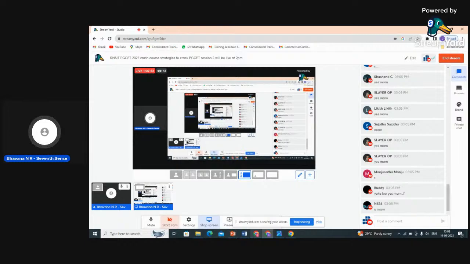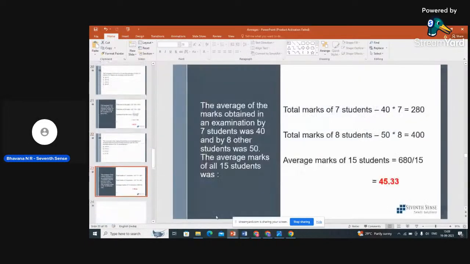So what is the answer for this question? It's E. Yes, correct.